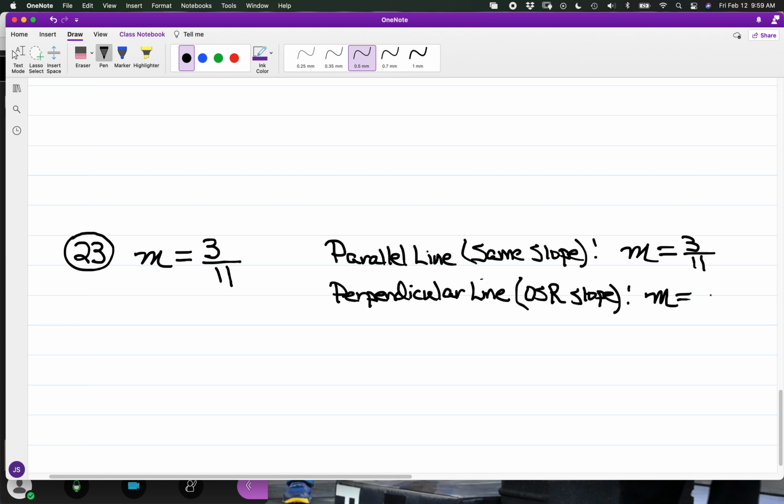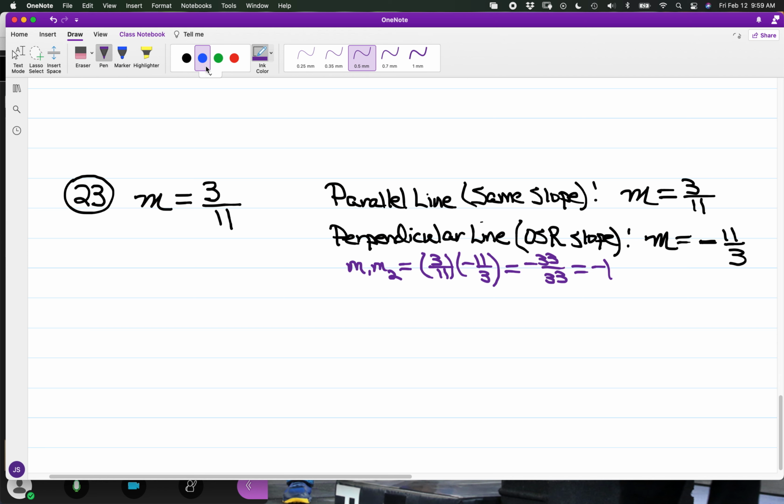So we're going from a positive to a negative, and then flipping 3/11. So we're going to come out to -11/3. And for perpendicular lines, the product of the slope values will be -1. So here we have 3/11 times -11/3, so you have -33/33, and the product we have at -1.